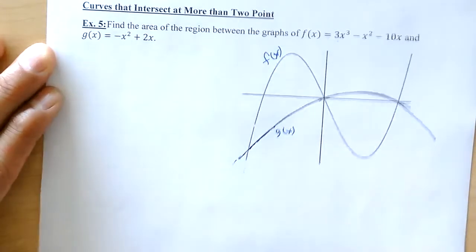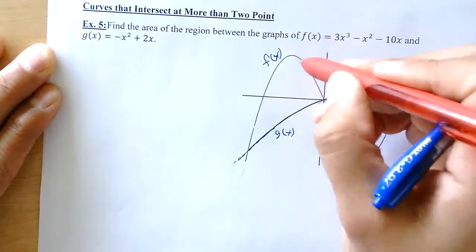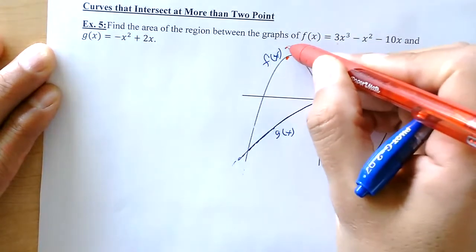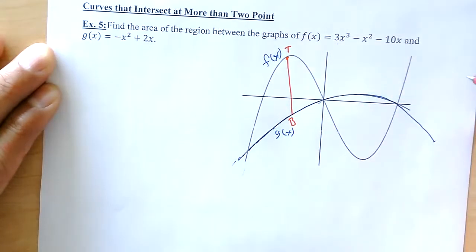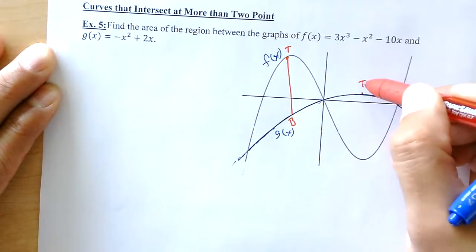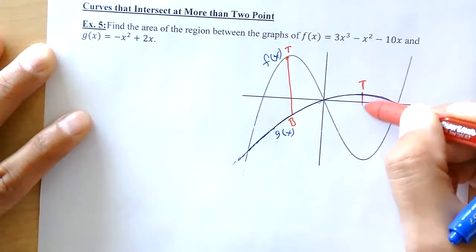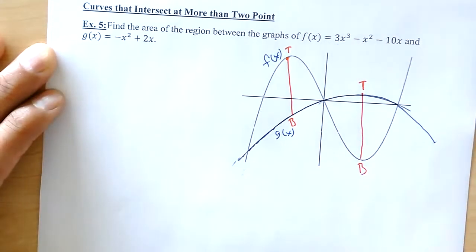And what I need to be careful with is that in this first section, this first region, the f is the one that's on top and the g is in the bottom. But in this section over here, the one that's on top is the g function. The one in the bottom is the f function.